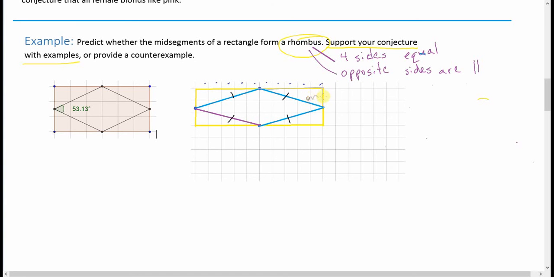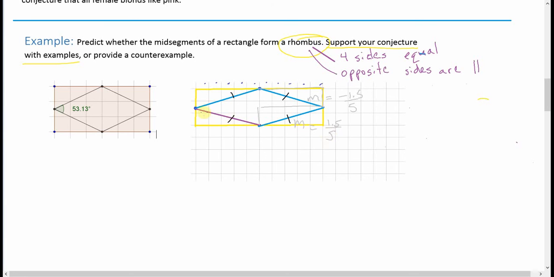So the slope of this line, actually we should say it's down, I'm sorry about that, down 1.5 over 5. And the slope of this one is up 1.5 and over 5. I missed the half.